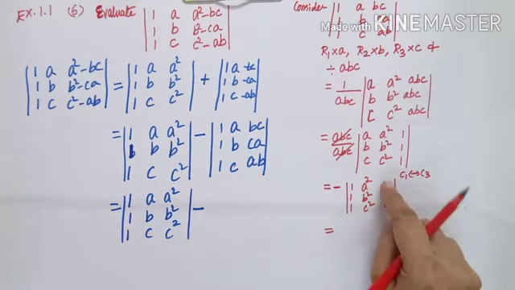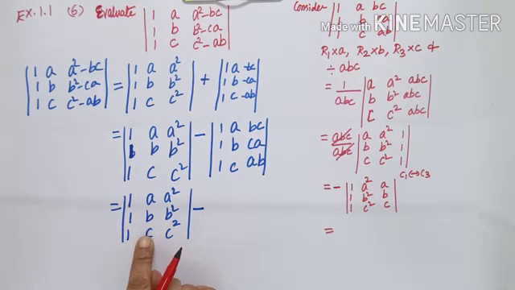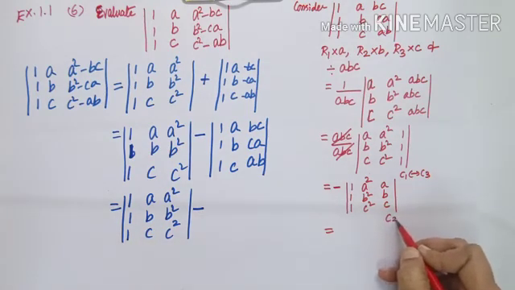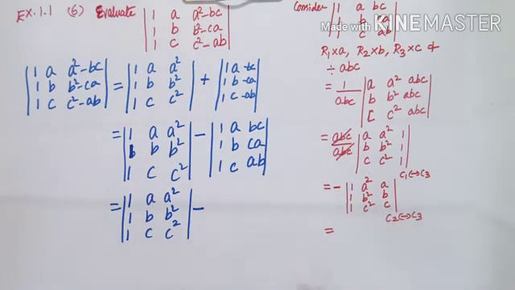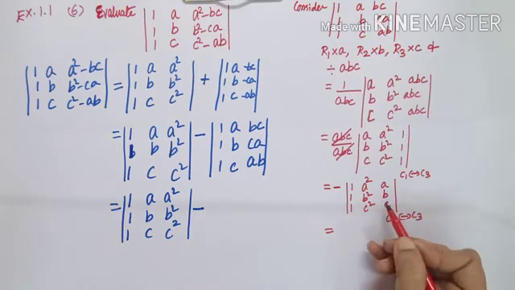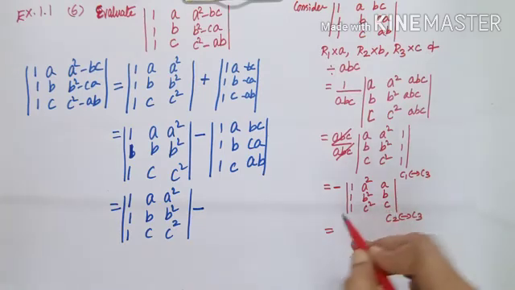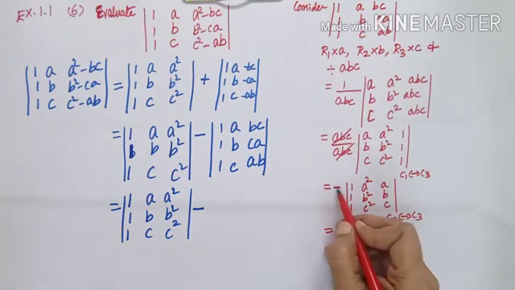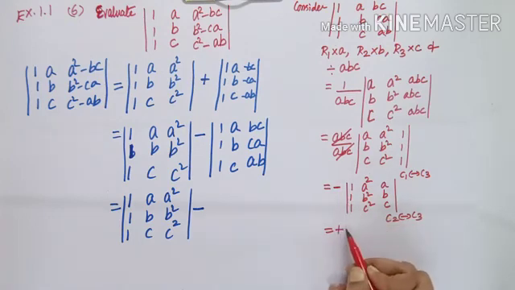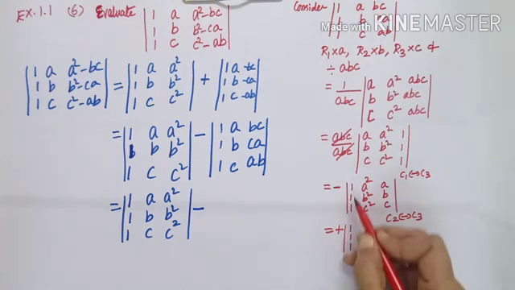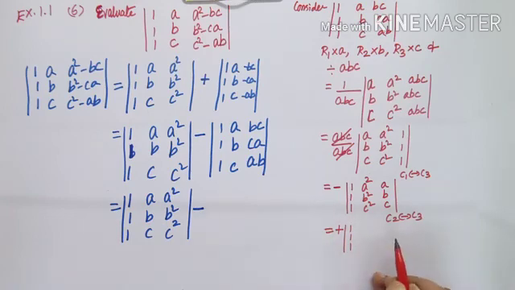I want ABC as the second column. So, interchange C2 and C3. Interchanging C2 and C3 will give a minus sign. There is already a minus, so it will become plus. 1 1 1. Column 1, there is no change. Column 2 and 3 interchange. So, I get A, B, C, A square, B square, C square.